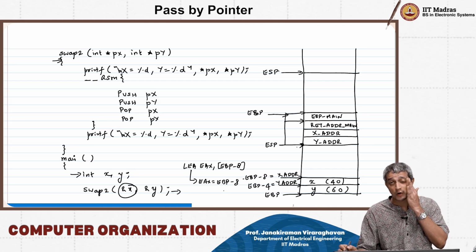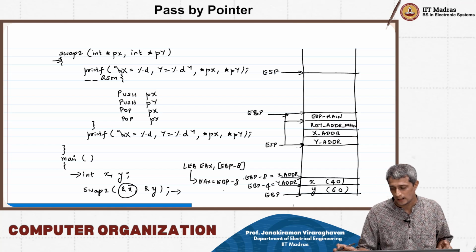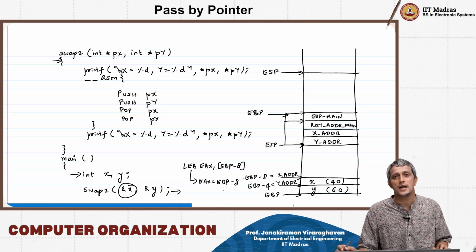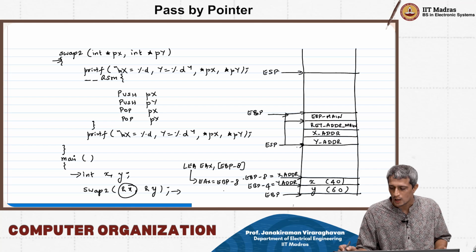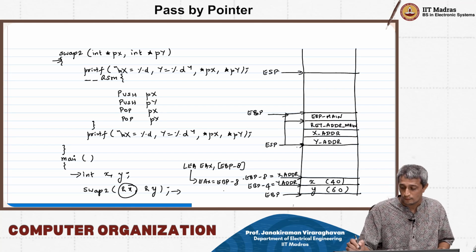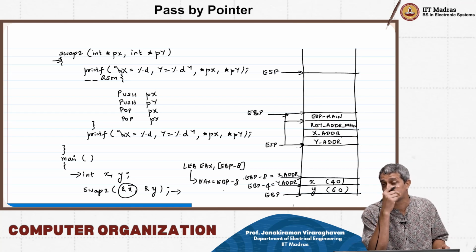So this is what will happen after the prologue of swap 2 is executed. Now you are going to print, of course, 40, 60. Why? Again, very important. What we have now done is, we have pushed the addresses of x and y. So we have *px, *py.